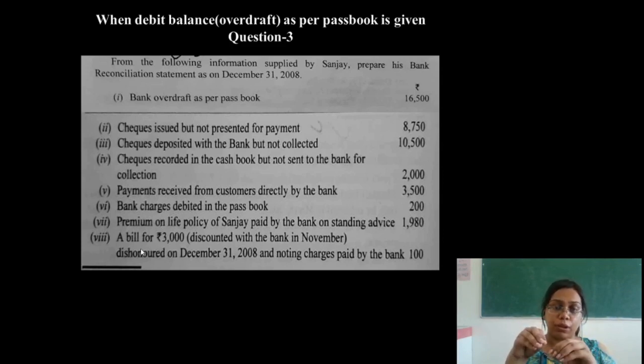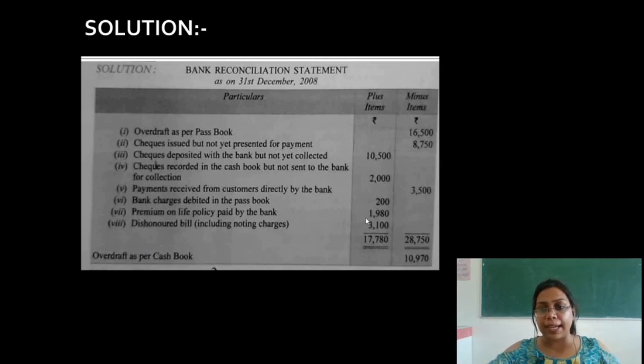But in this case, it will be added back to the BRS. They have written it jointly as 3100, you can write it separately also. So dishonored bill including noting charges, 3100 rupees.